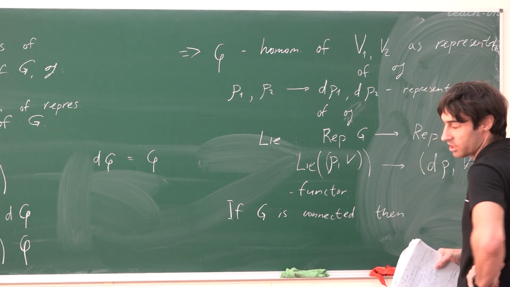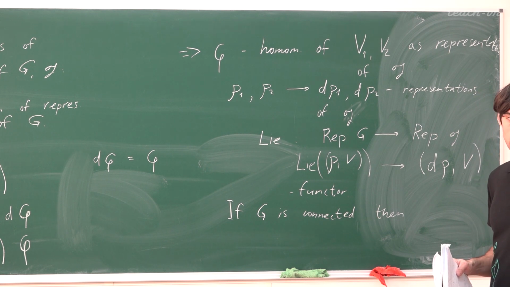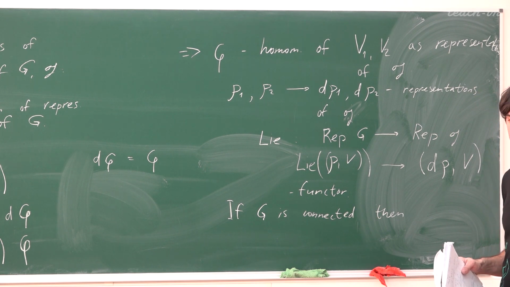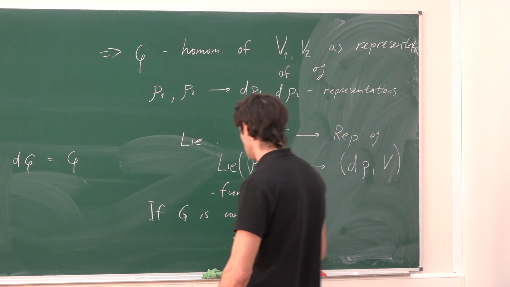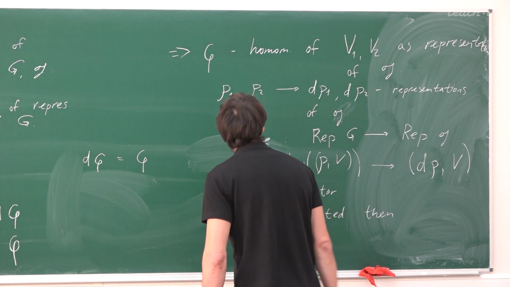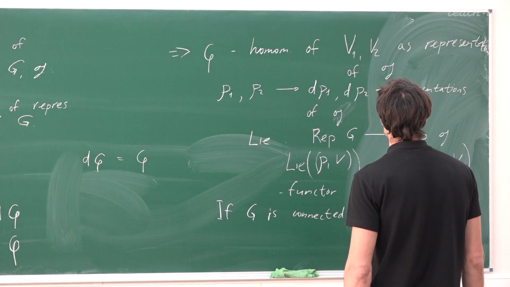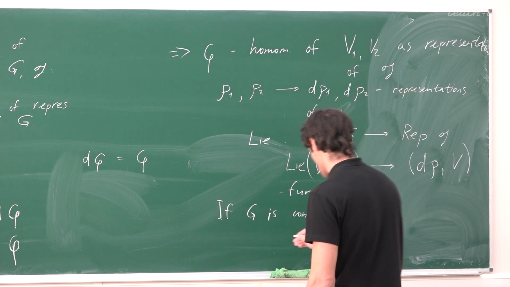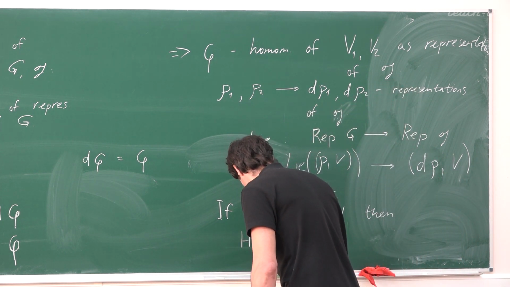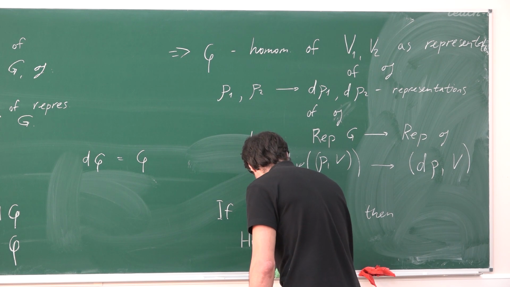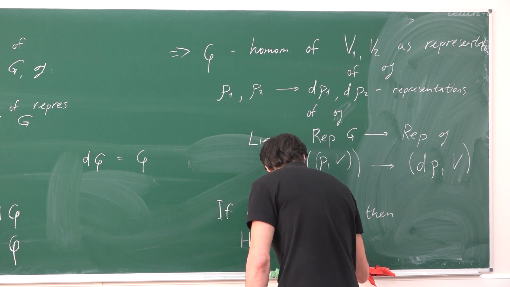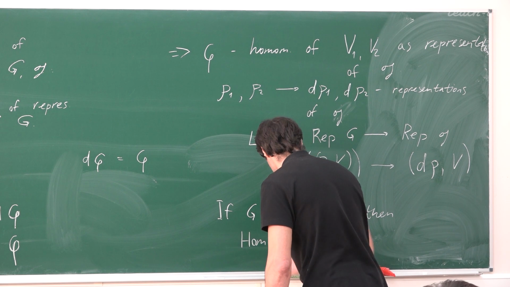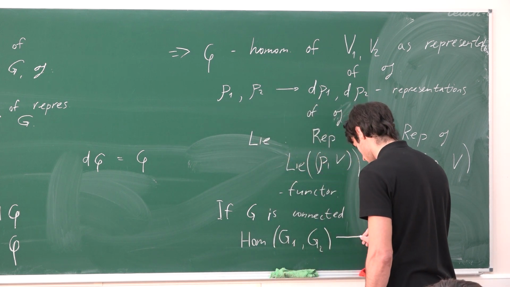Then the second fundamental theorem can be applied, which says that if we have a homomorphism between G1 and G2, then I have a map which sends phi to d phi.